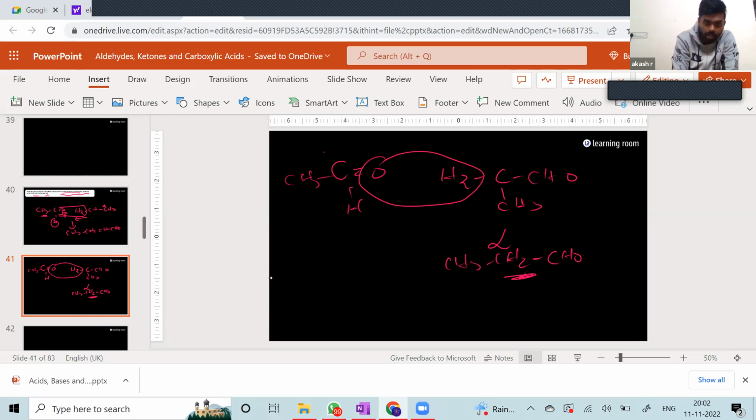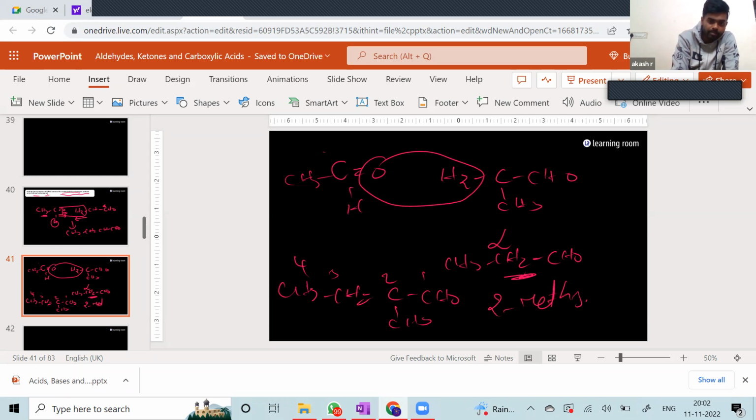What comes out is CH3, CH double bond C, CH3, CHO. This is one of the products. How do you name this? Obviously, this is 1, 2, 3, 4. So it is 2-methyl, and you have but, in the second carbon atom there is a double bond, and al. So 2-methylbut-2-enal is the name of the product.